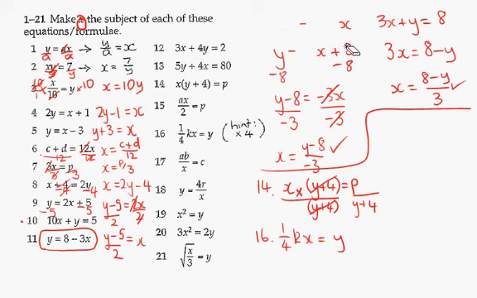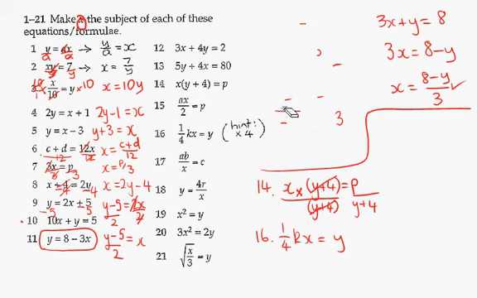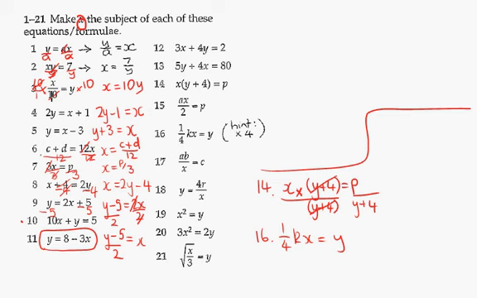So if we just clear some space, go to the top here and rewrite it as 1 over 4 times k times x equals y, and I'm going to multiply by 4 over 1, and what you do to one side you do to the other.